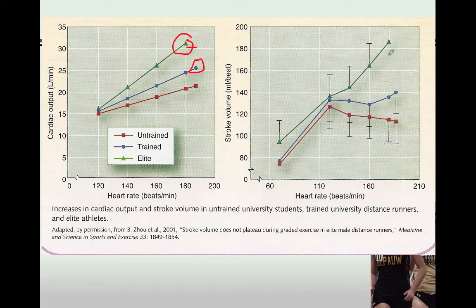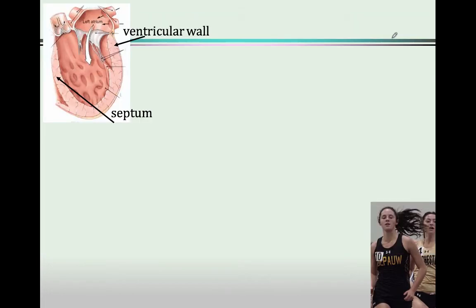Again, in this highly trained group, these elite athletes, you continue to see an increase in the stroke volume, getting up over 180 milliliters with each beat of the heart. And that's just incredibly impressive. This is probably the major difference between elite endurance athletes and non-elite endurance athletes.